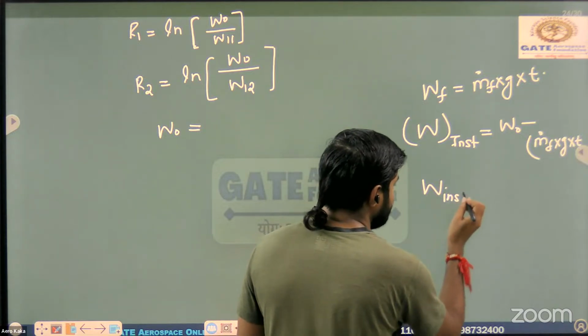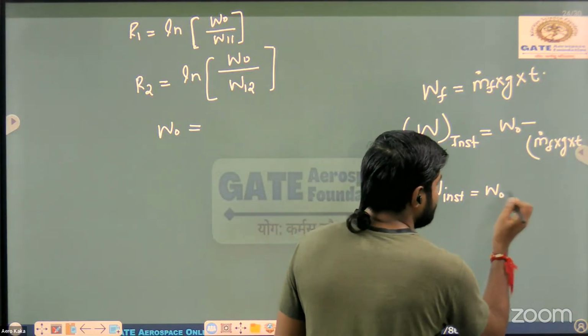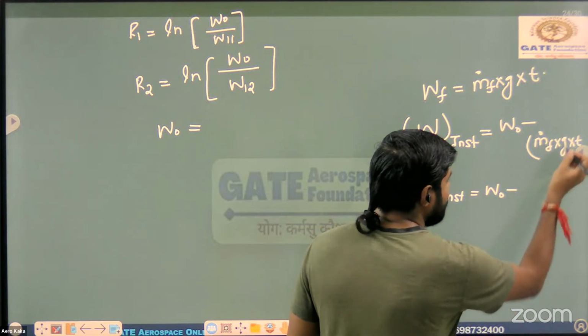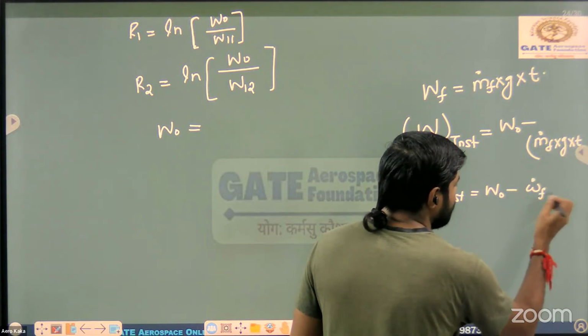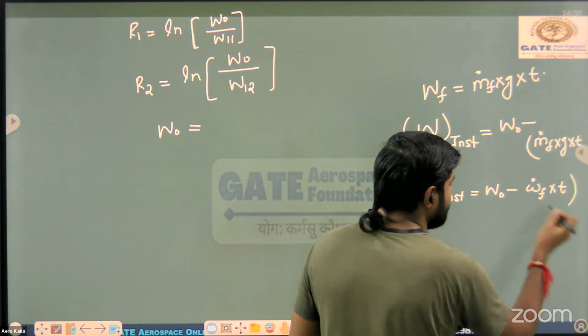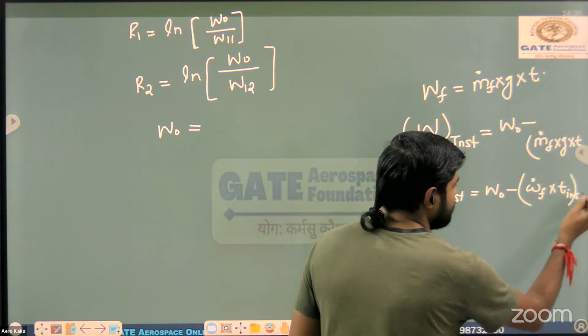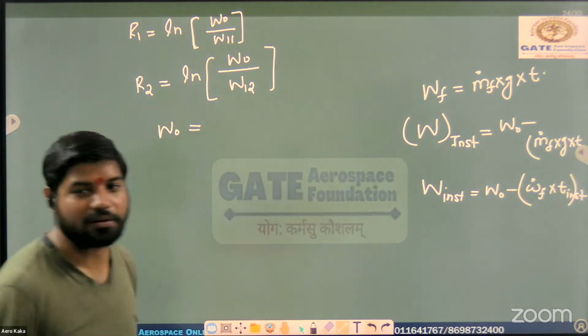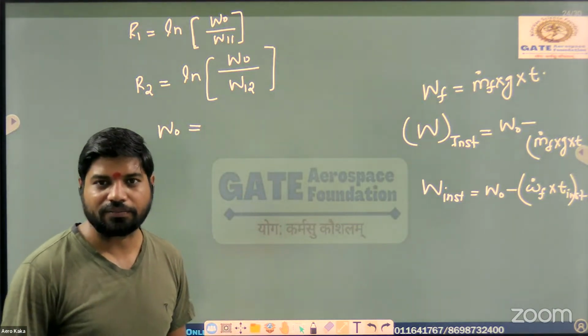W instantaneous is equal to, let me write once again, W naught minus m dot F into G, the weight flow rate of the fuel, into the instantaneous time. Are you getting this one? So that's how we can calculate.